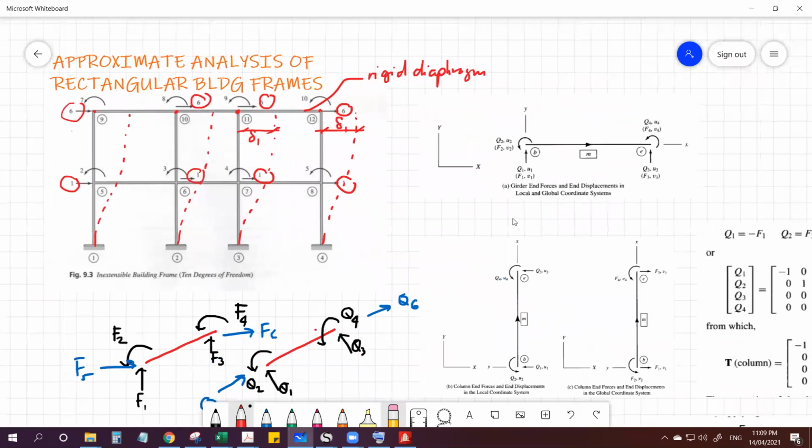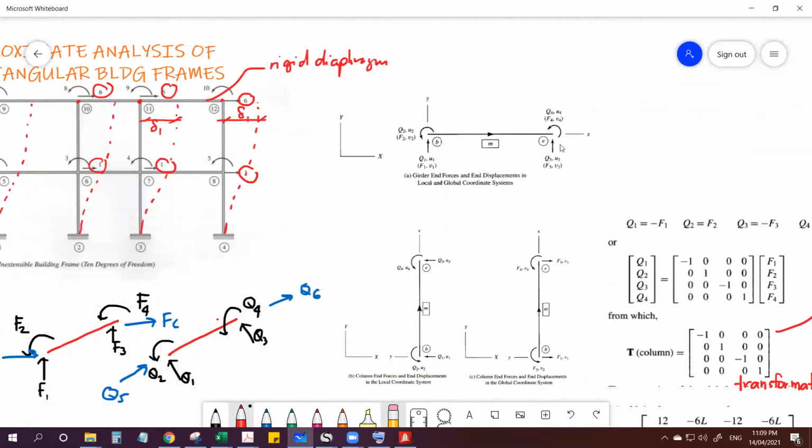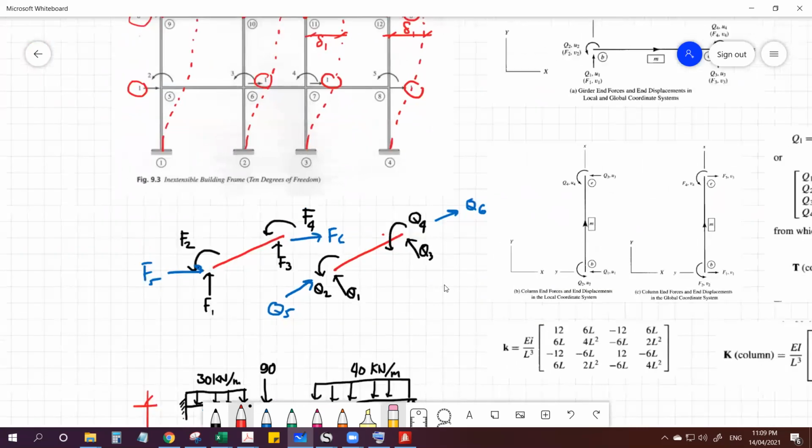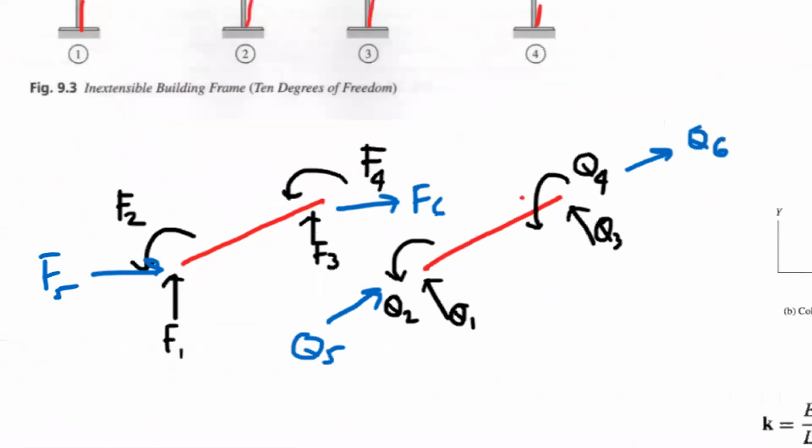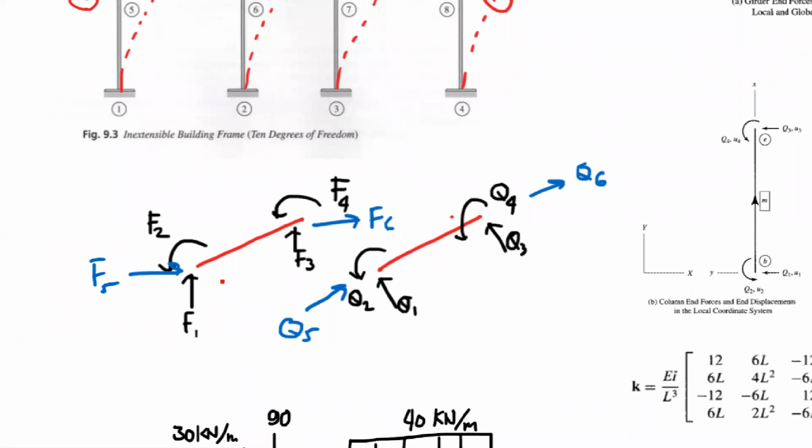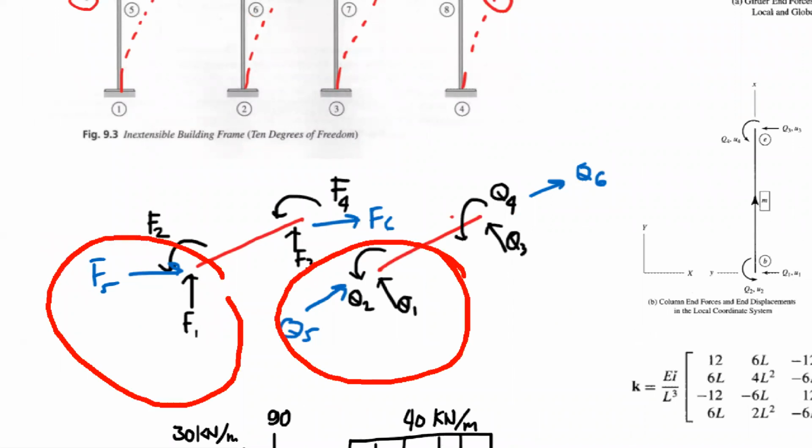And then remember, this is the local stiffness matrix of our beam. Okay, and if you will recall, we can transform the global force into local force. We can do that. But again, in our case, we will ignore the axial forces, because we will assume, as part of our approximation, that the building frame is inextensible.